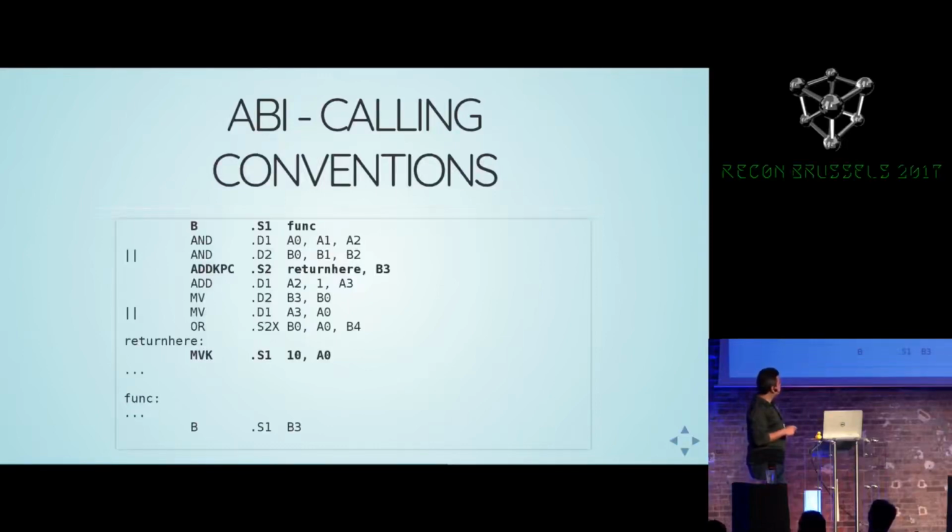It stores it to B3. Then this instruction is executed. The following two instructions are executed in parallel. Finally, the fifth instruction is executed, and then the branch is taken. At the end, this is a return, and it returns over here. So this is how you call a function.